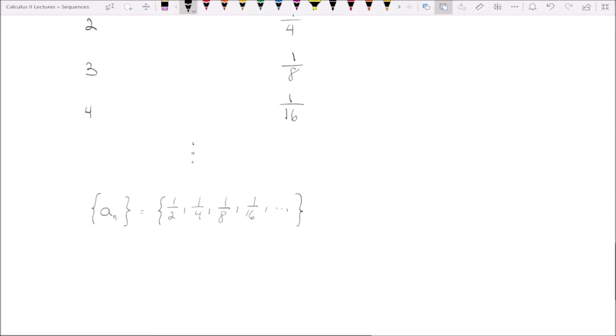Or we can define this with a general term. Notice each denominator is a power of 2. Isn't this 1 over 2 to the n? All right, so it's a sequence given by 1 over 2 to the n such that n is greater than or equal to 1, and it's an integer.